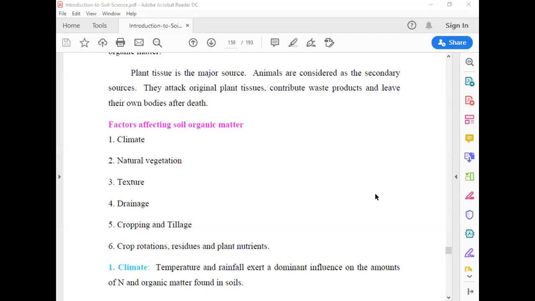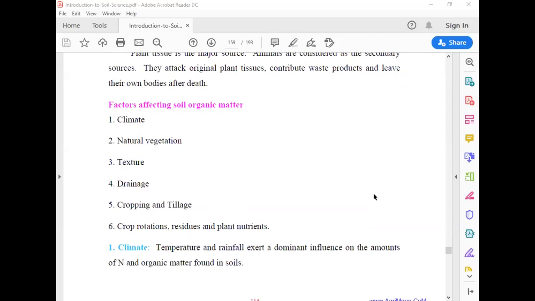Where rainfall is dominant, it will contribute to decomposition of organic matter, or it produces more organic matter. The natural vegetation and soil texture: fine-textured soil has more organic matter.